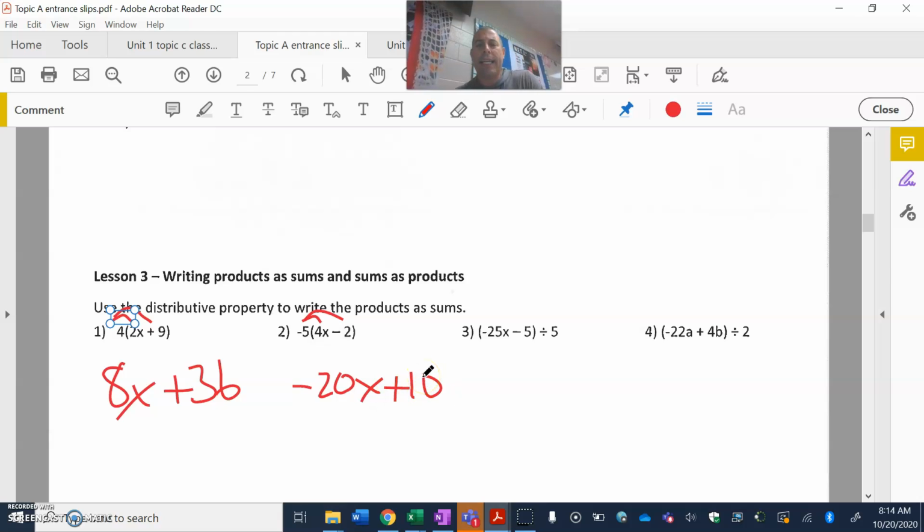There's something that we're going to get into shortly here called like terms. Like terms are people that we can add together. So it's kind of like combining things. Like if I have 2 pennies over here and I have 3 pennies over here, I've got 5 pennies.